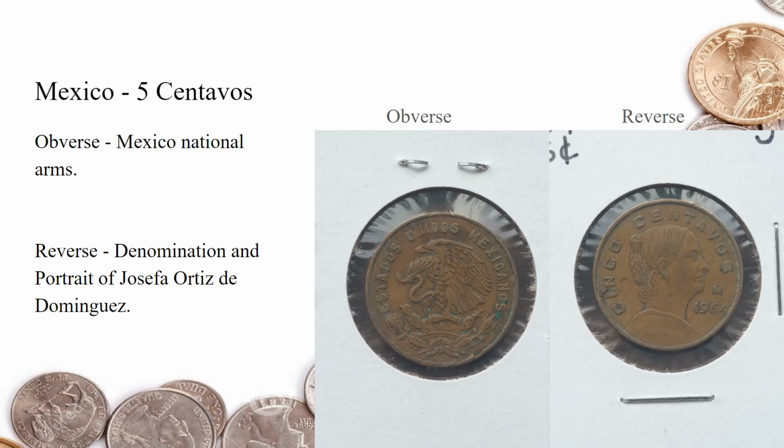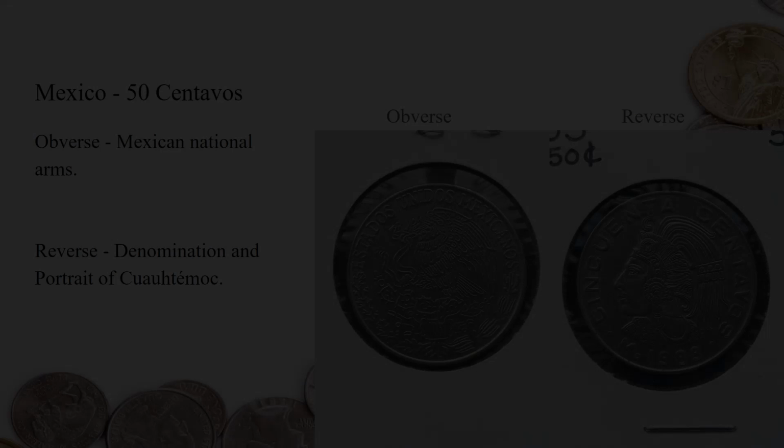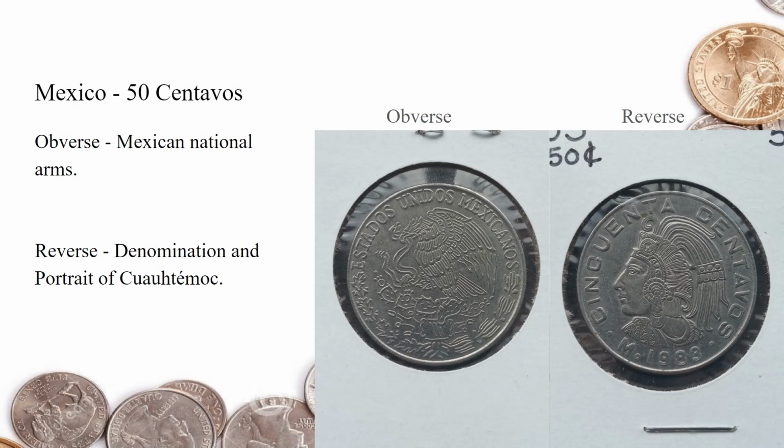The reverse shows the denomination, which is 5 centavos, as well as a portrait of Josefa Ortiz de Domínguez, and she was a Mexican insurgent that fought during the Mexican War for Independence, and is revered as a hero for it.